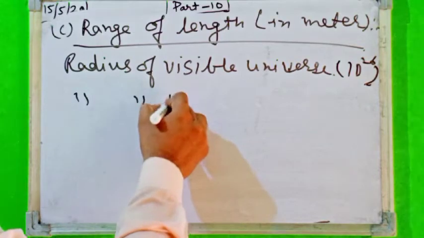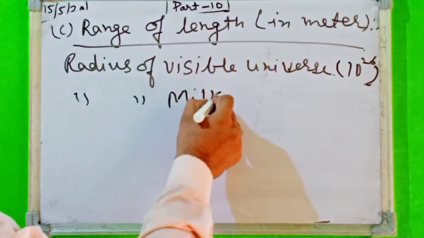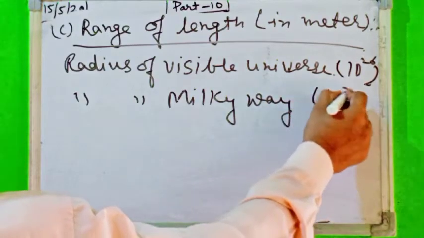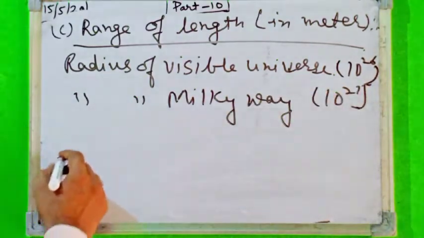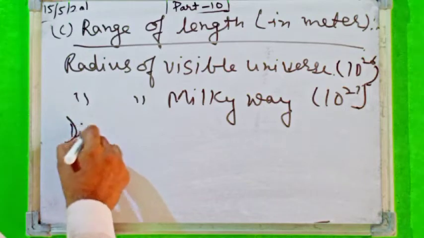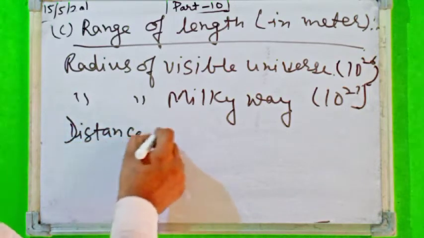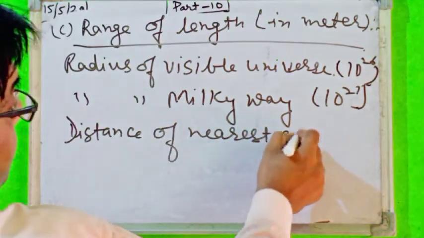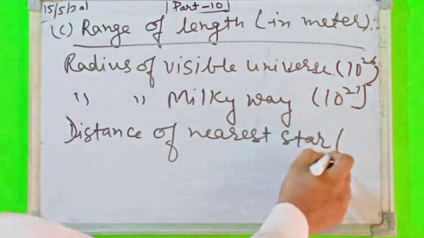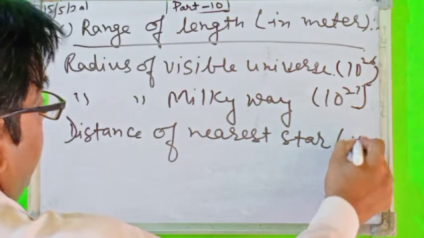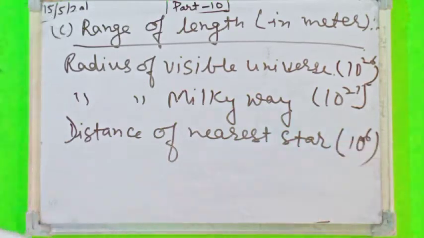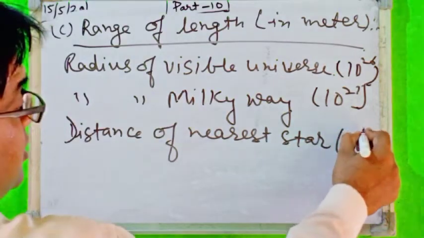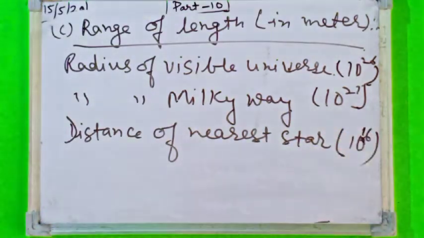Radius of Milky Way, 10 to the power 21. Distance of nearest star is 10 to the power 16 meter.